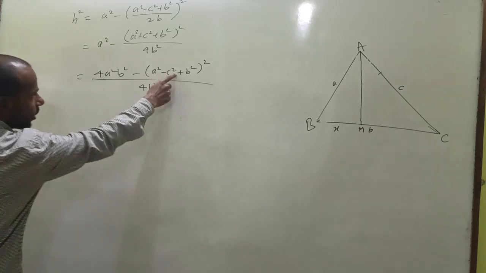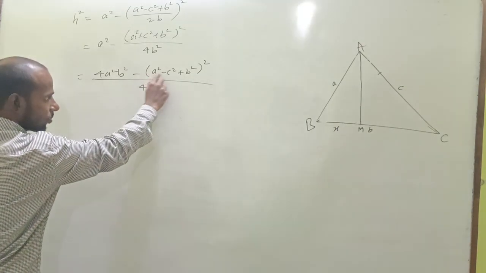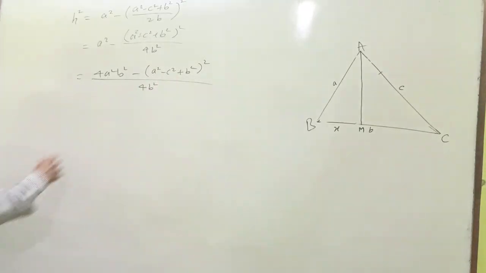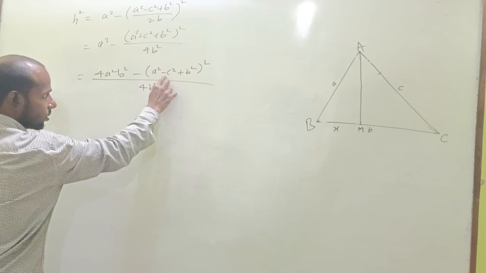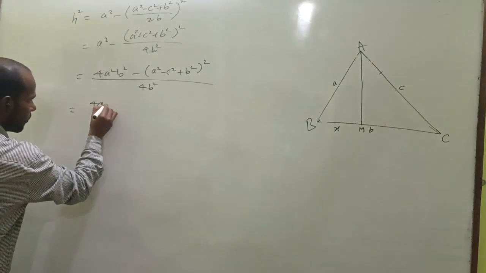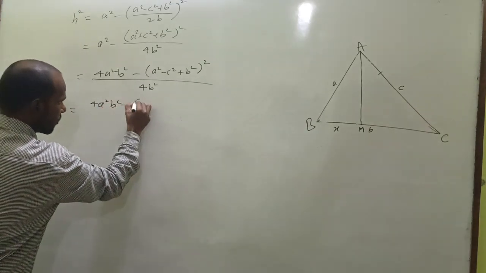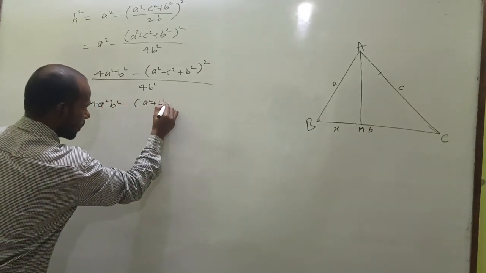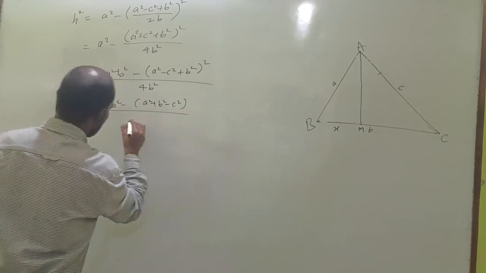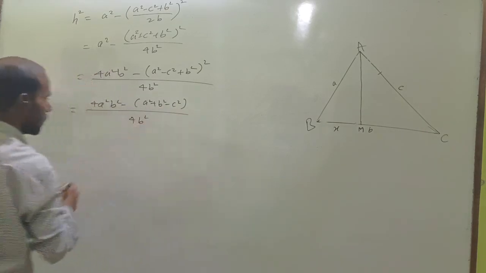Now arrange these terms into a square plus b square minus c square, just to change this term by this term. So this will become 4a square b square minus (a square plus b square minus c square) upon 4b square.